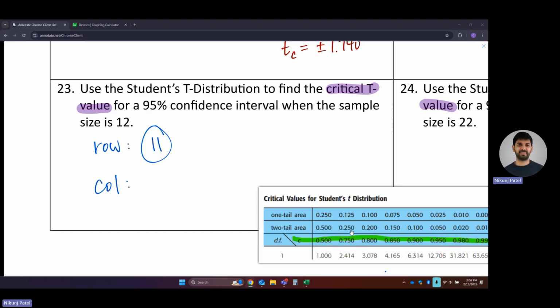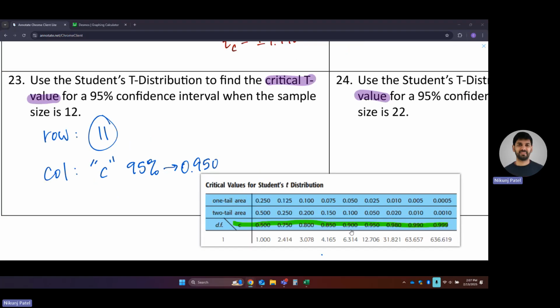The column is going to be, since it asks for a confidence interval, we're going to look at the section across the top that has the C in it, 95%. So the 95% tells us 0.950 is what we're looking at.